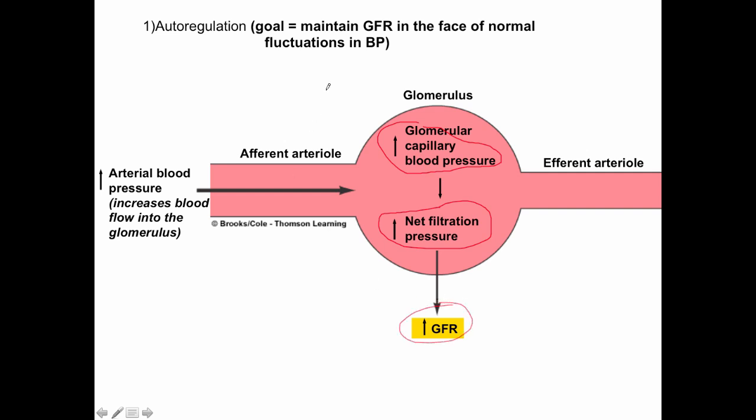This is what autoregulation is trying to battle. We don't want our GFR going up every time we have an increase in blood pressure. So the goal for autoregulation is to try to buffer these changes in blood pressure so that glomerular capillary blood pressure doesn't go up and down every time arterial blood pressure goes up and down.